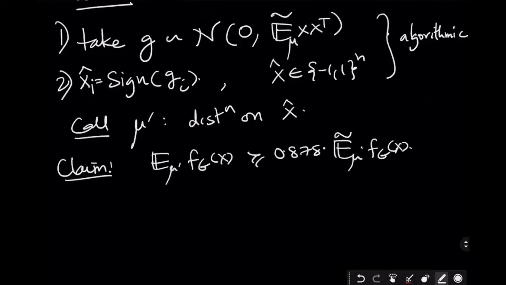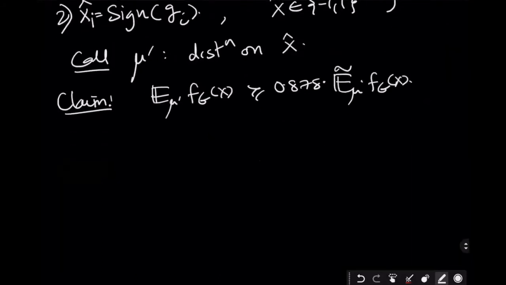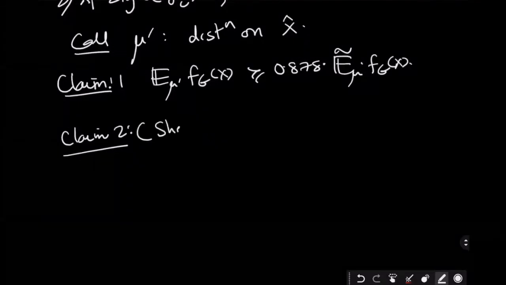Okay, let's prove this. There's only one simple calculation that will actually yield this result to us. And this particular calculation, for a different reason, was already done by Sheppard. So let's call it Sheppard's lemma.